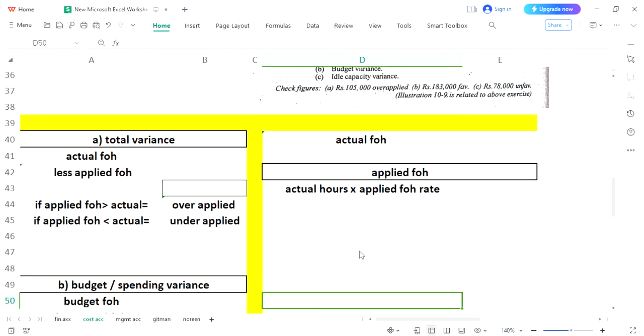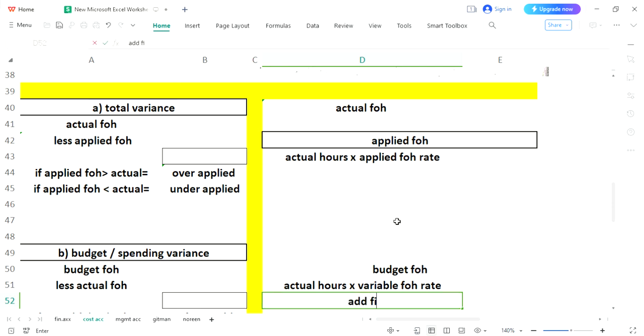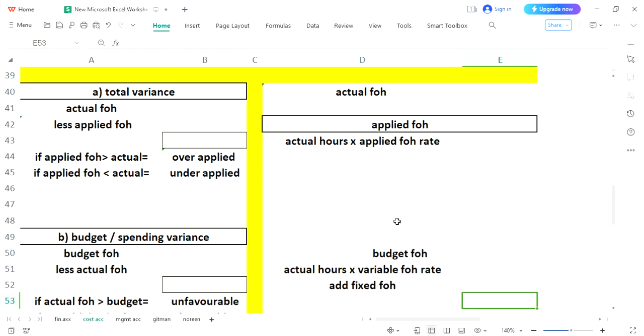And secondly, you need to have your budget FH. This would not be given in your question. And for that purpose, we will again be using a formula to calculate our budget FH. For this, actual hours will be multiplied by variable FH rate, and then you will add fixed FH, with which the final answer you will get would be your budget FH.